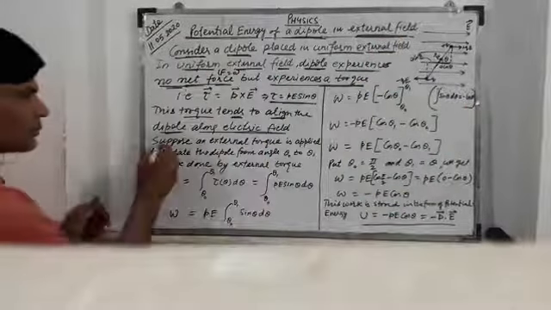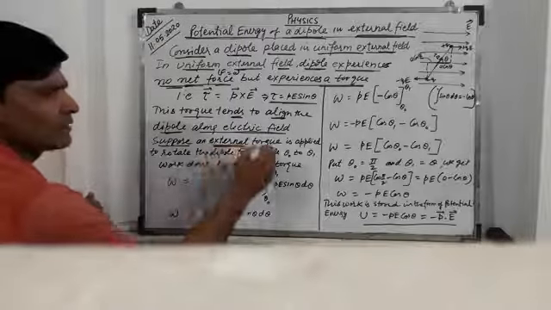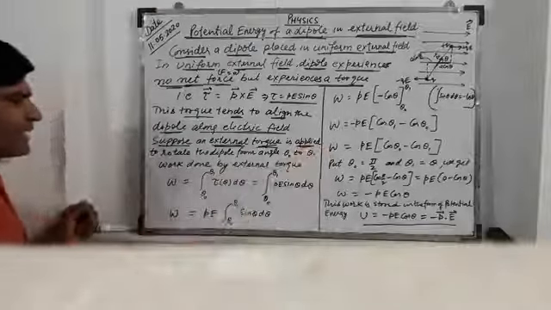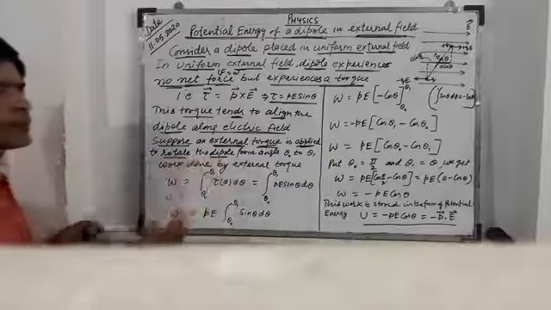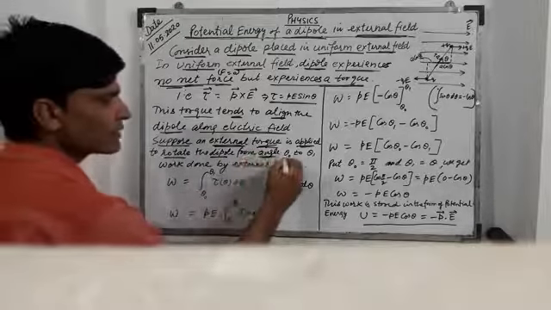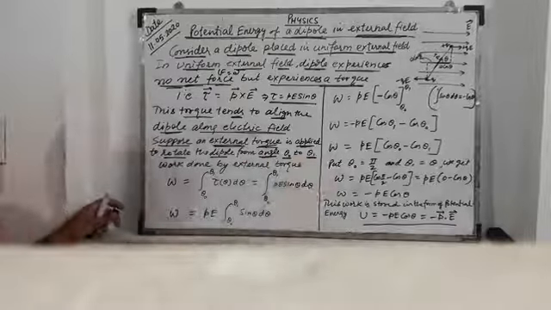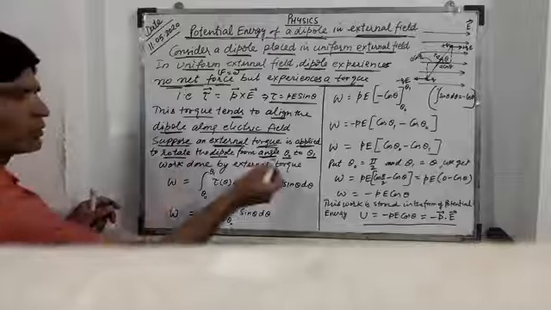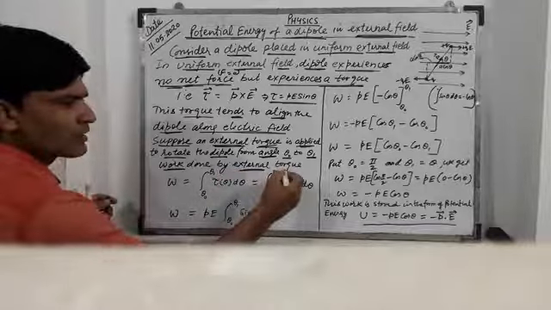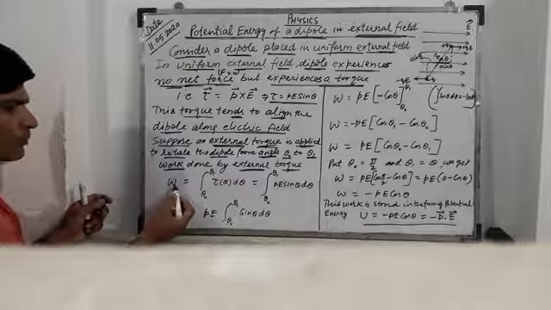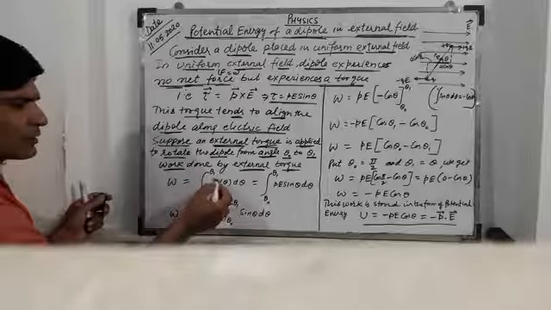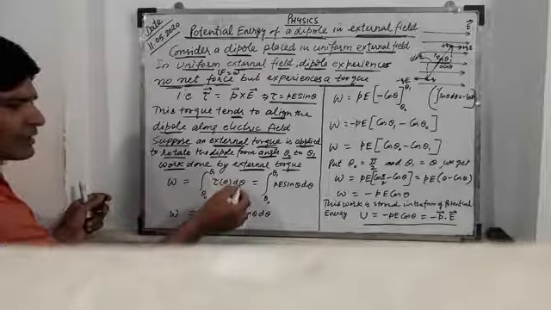Now suppose an external torque is applied to rotate the dipole from angle theta naught to theta 1. The work done in rotating the dipole by the external torque is W equal to the integral from theta naught to theta 1 of tau d theta.